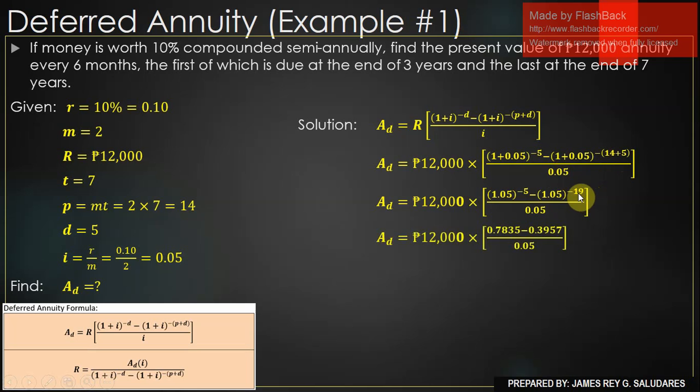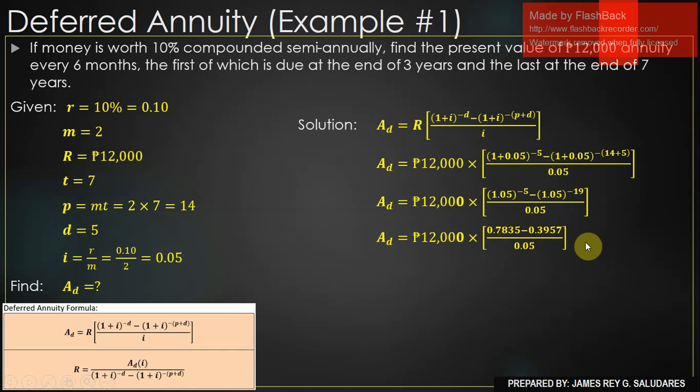Simplify further: 1.05 to the power of negative 5 is 0.7835. If you use 6 or 7 decimal places, it is much better to minimize the margin of error. Then minus 1.05 to the power of negative 19, which is 0.3957.